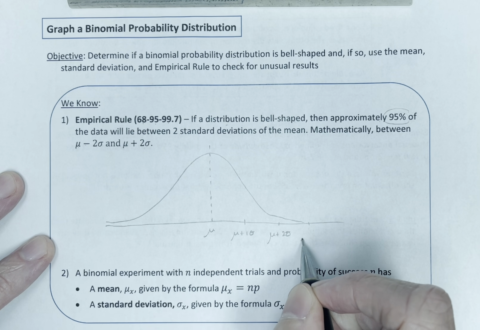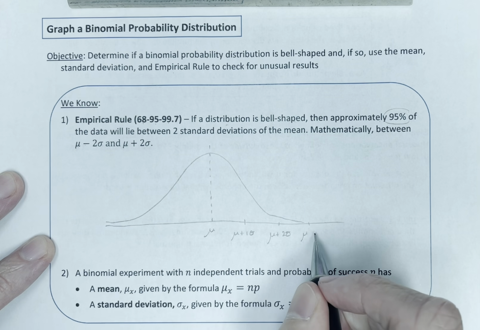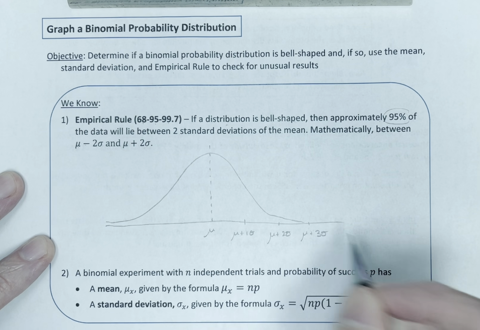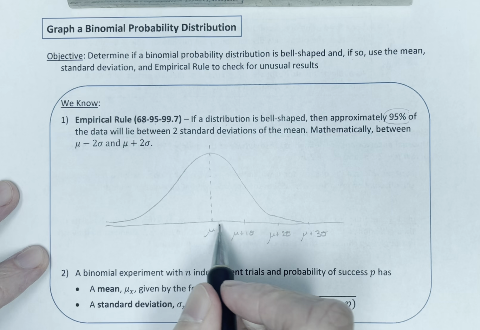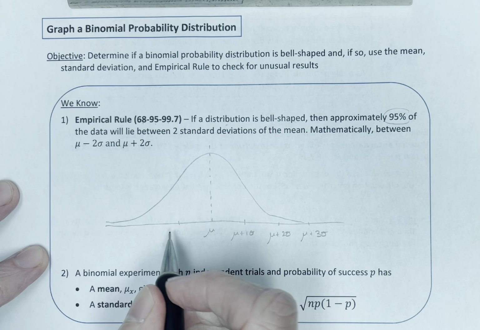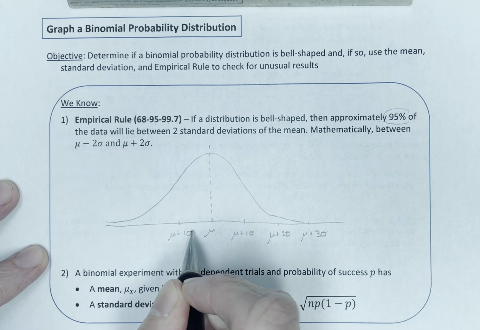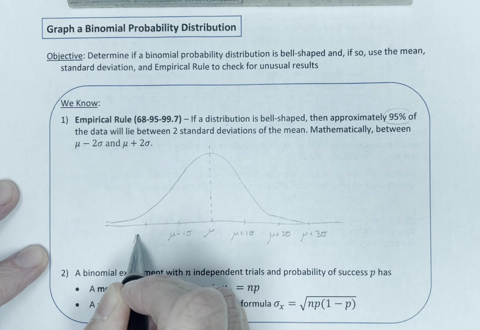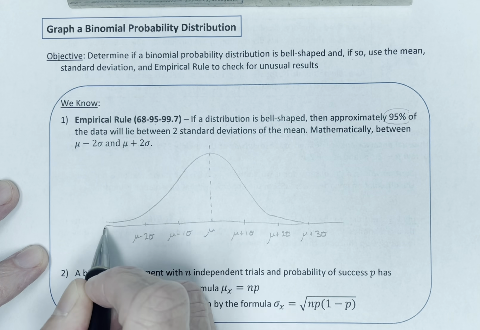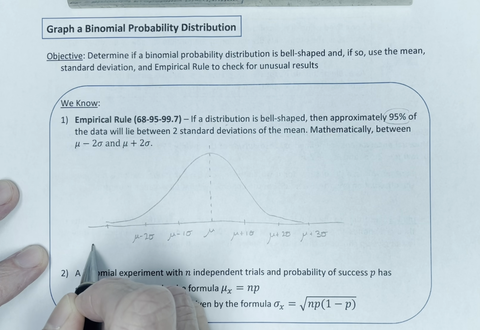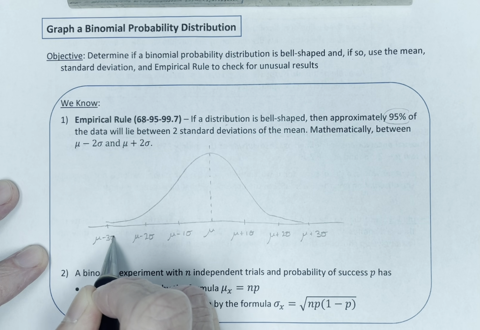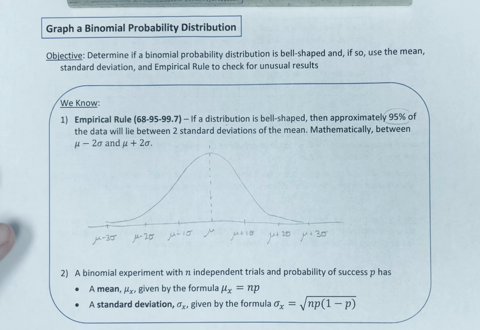When we did this, that 99.7% was 3 standard deviations, so I'll go out to 3. And we can subtract and go to 3 standard deviations below: mu minus 1 standard deviation, mu minus 2 standard deviations, and mu minus 3 standard deviations.